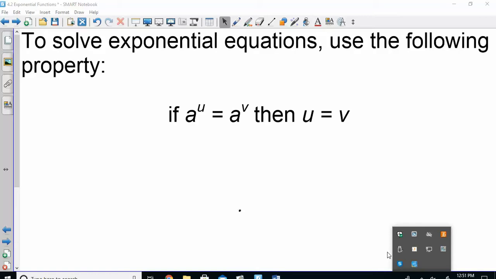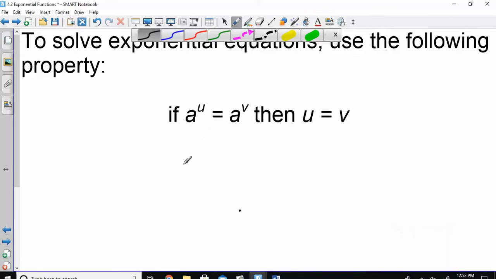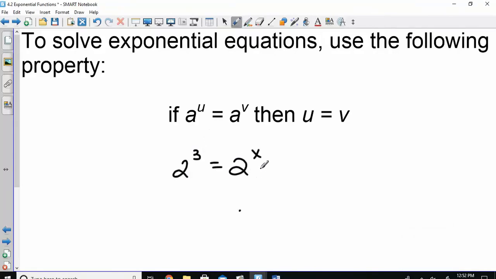This property tells us if you have an exponential with the same base on each side, then you can drop those bases and set the two things equal. In other words, if I said 2 to the 3rd power equals 2 to the x power, since there's a base of 2 on each side, these exponents have to be equal to each other. So x would have to be 3.